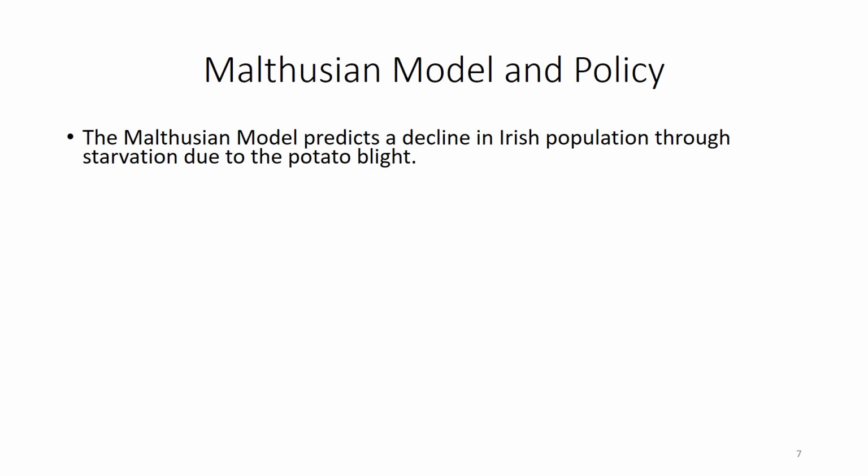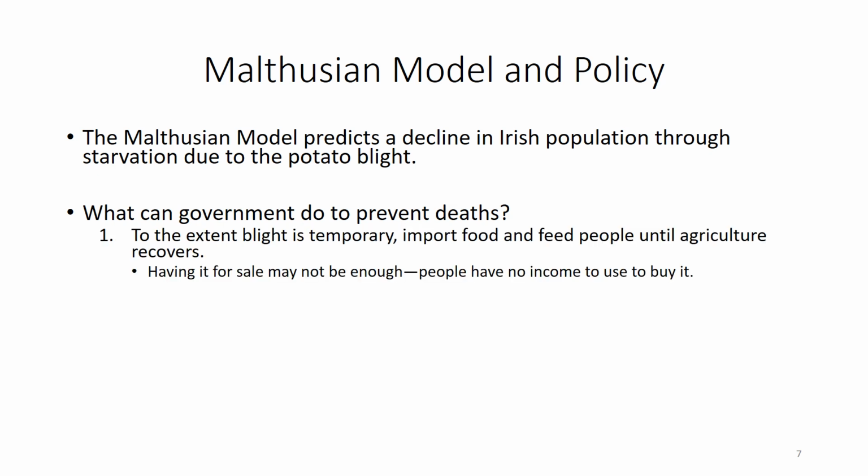And so the model predicts that the population is going to decline through starvation. What can this United Kingdom government do? Is it helpless to save people from starvation? What kinds of policies should it adopt to prevent deaths?